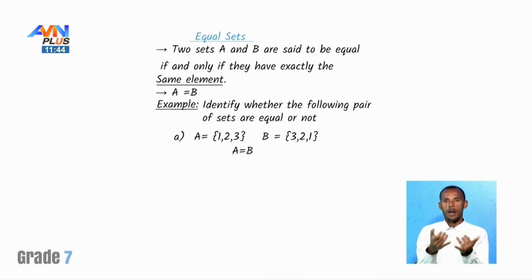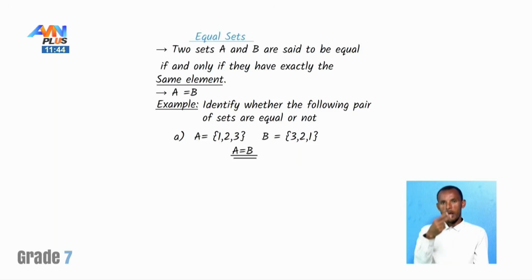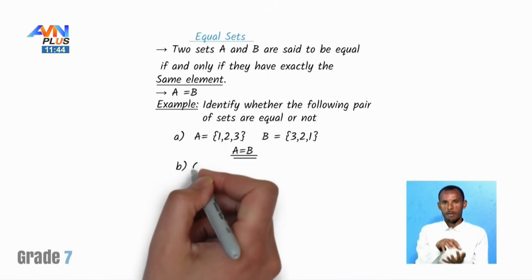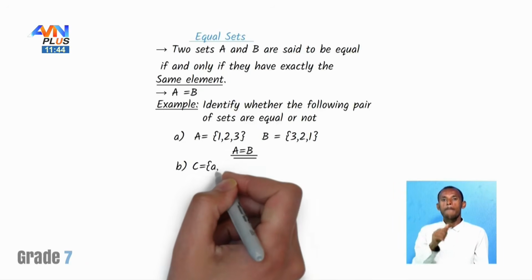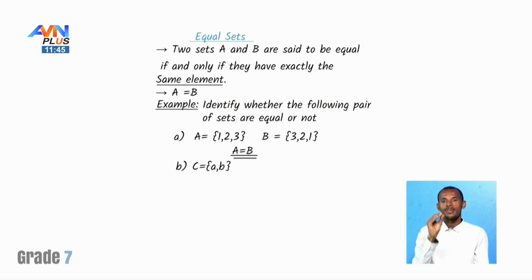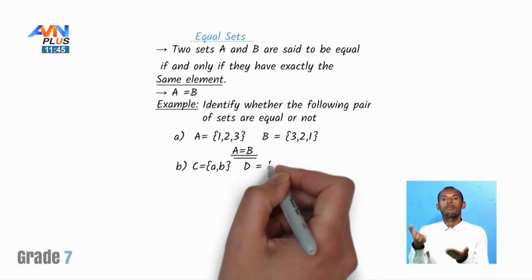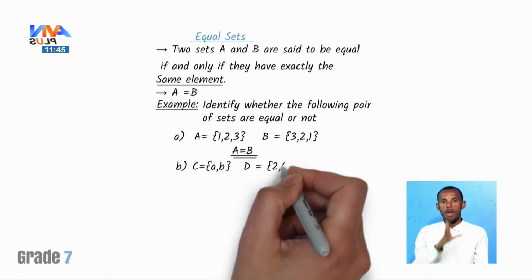Now, let's continue to the second example. Let's take another set. Set C contains the elements A, B, and set D contains the elements 2 and 4.